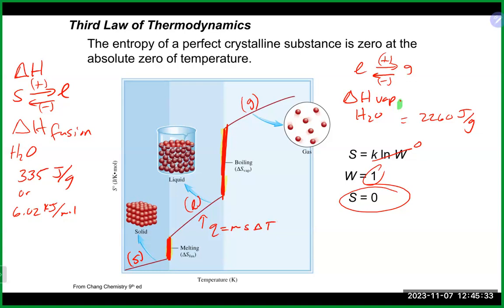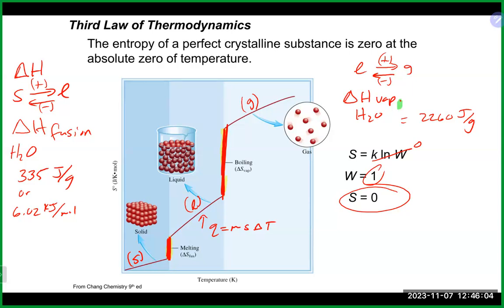Q is heat or energy, m is mass, s is the specific heat capacity (some people use C), and delta T is the change in temperature. You use that when you're in the same phase but changing temperatures. You use something like the heat of fusion or the heat of vaporization when you are at the same temperature but changing phases. So that's what happens at those transition points. A total amount of energy you just add as you go up and down the hill here.